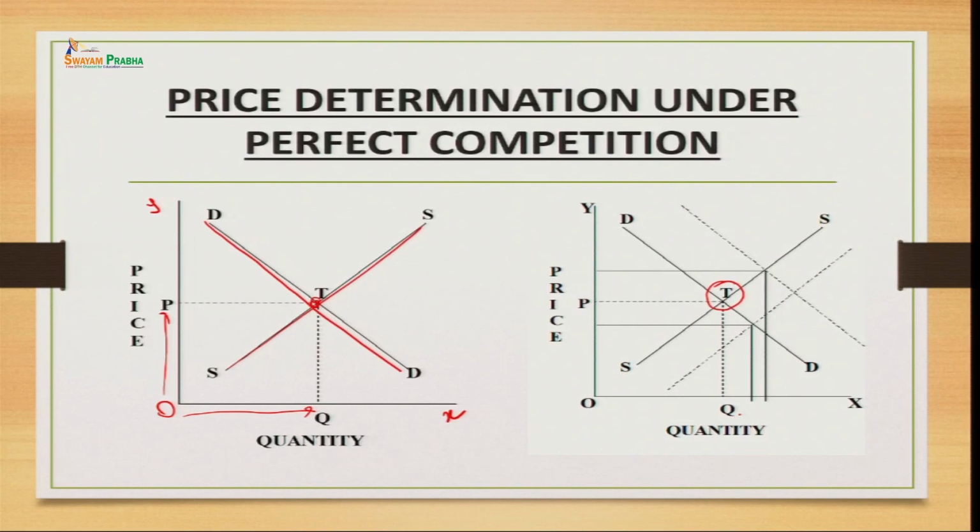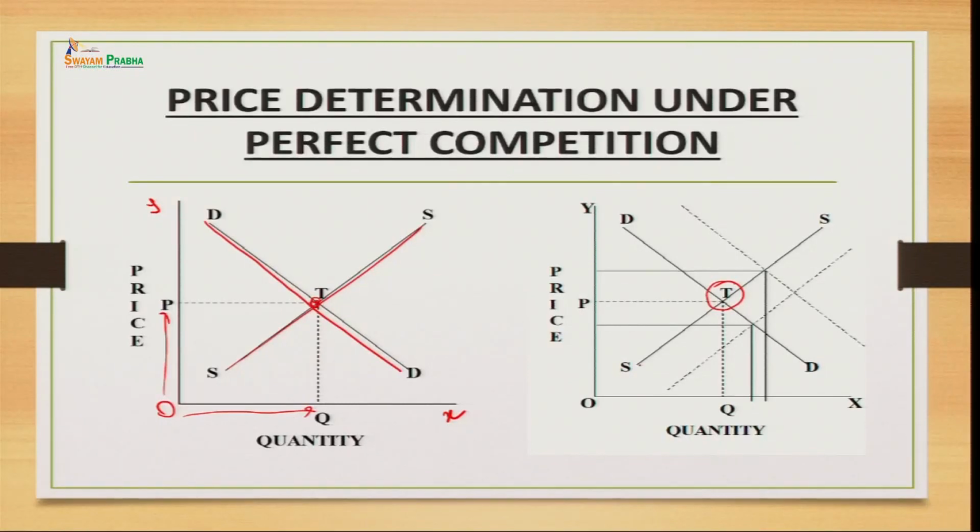Now, suppose the supply increases. When the supply increases, the supply curve shifts towards the right, and this shift takes place because of a change in factors other than price. The factors which affect the supply of the commodity, like number of firms, state of technology, and government policies, all affect the supply.